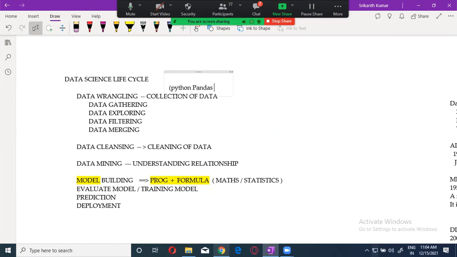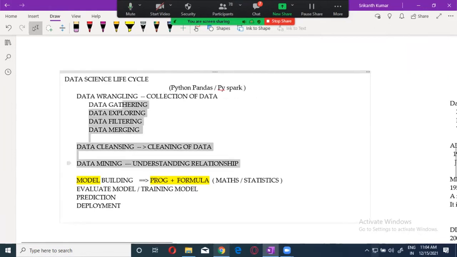You must have heard about Pandas, guys. It is a library which is specially used for data manipulation, and it is really very powerful. There is an alternative called PySpark. These two are used to perform all these things in Python.